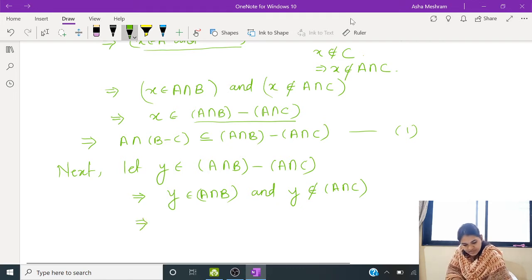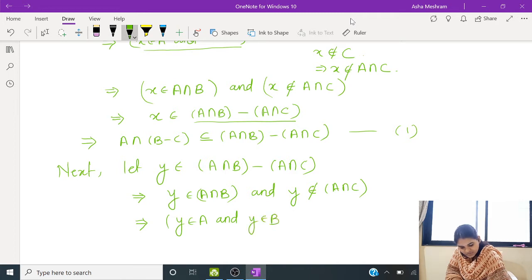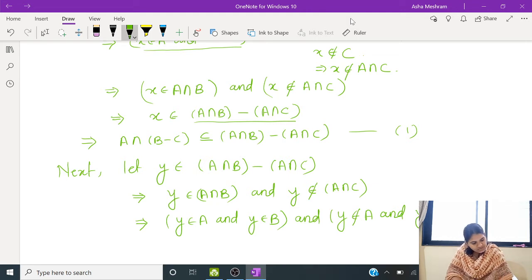Now, using the definition of intersection, this can be written as Y belongs to A and Y belongs to B and Y does not belong to A intersection C. Just a minute.